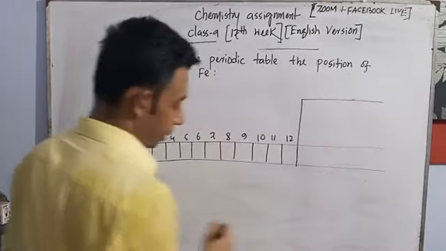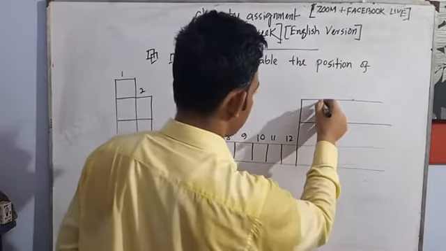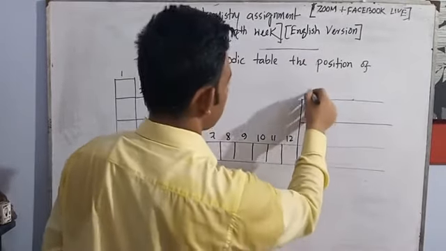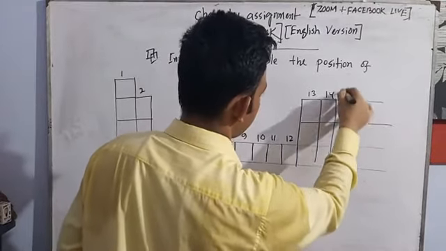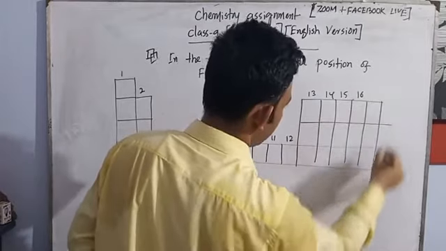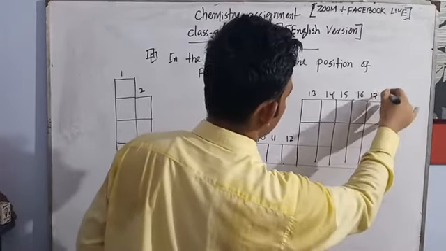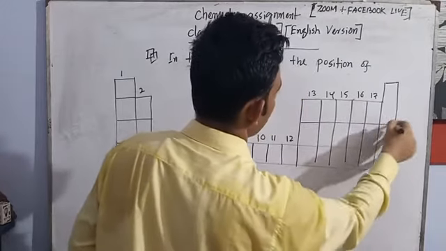After that, 13 14 15 16 17 and another box, finally 18.